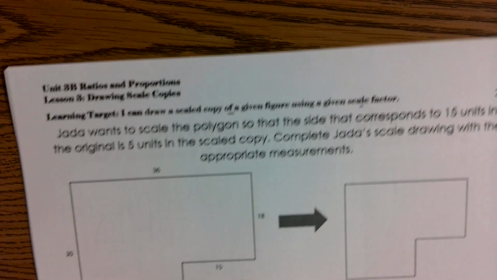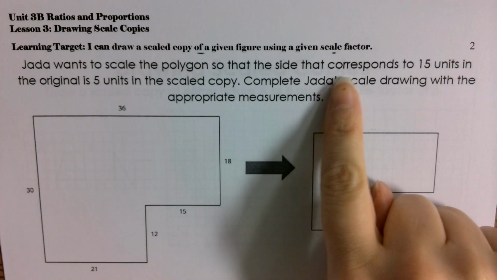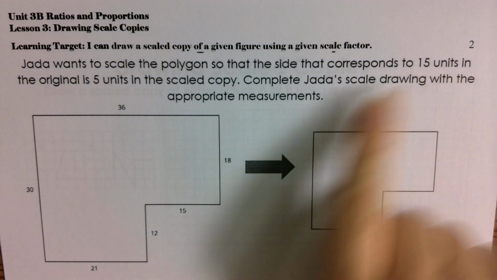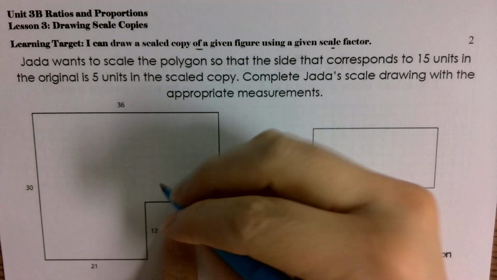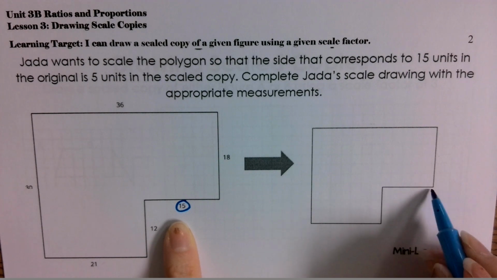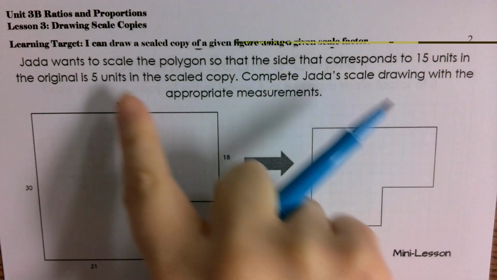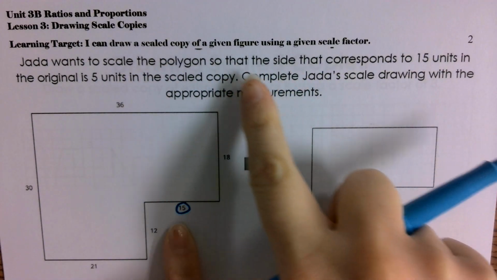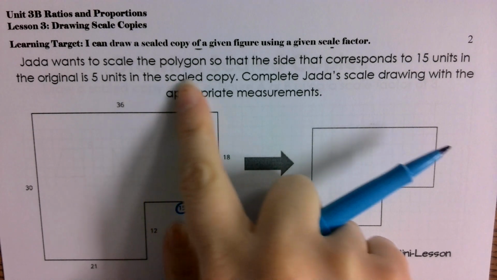On the back here, it says that Jada wants to scale the polygon so that the side that corresponds to 15 in the original, so here's where 15 is. Here's 15, that's my original, which means it's going to be this measurement right here. We want the side that corresponds with 15 in the original to be 5 units in the scaled copy.